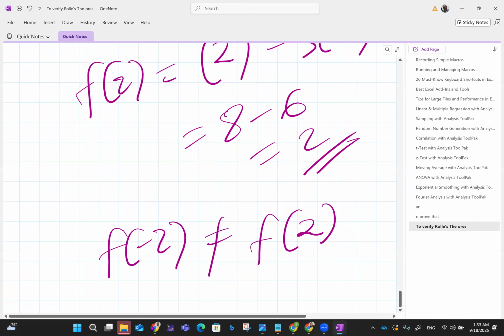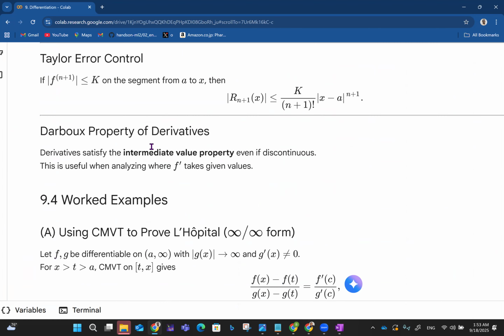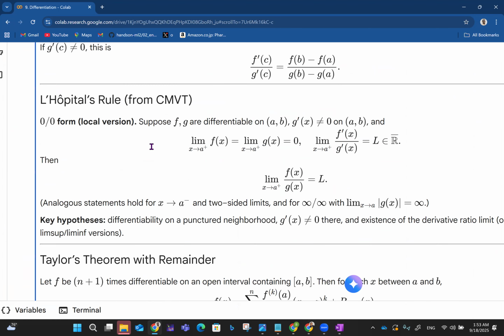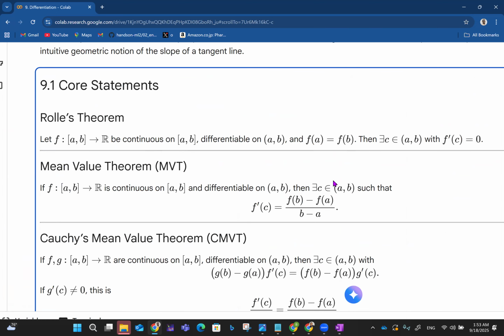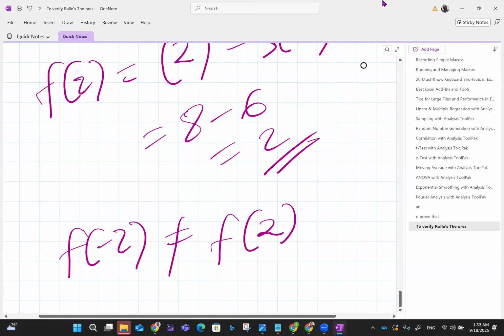So I guess we'll not be able to continue, because this is x cubed minus 3x. If you put minus 2, that's minus 8 plus 6, which is minus 2. If you put 2, that is 8 minus 6, that is 2. And the condition is that f of A should be equal to f of B. So that's the condition where Rolle's theorem breaks down.